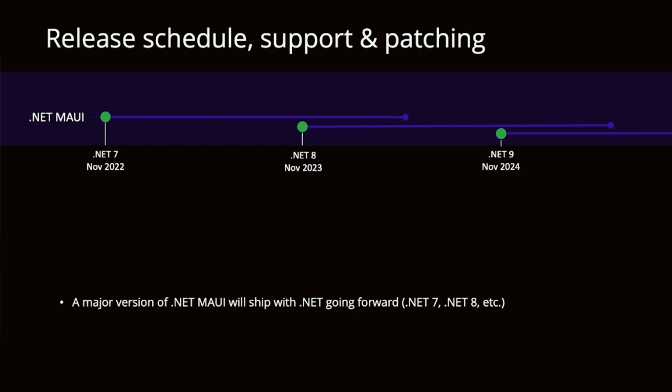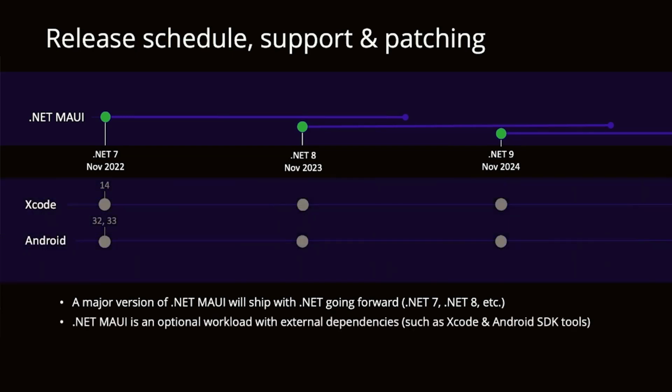The reason that we don't do a long-term service release for the MAUI SDK itself is because of our external dependencies on Xcode and on Android. They ship on their own cadences with their own tool sets, and so we need to be able to be reactive to that and respond quickly. So the runtime and the base class libraries, those will get long-term service releases every other release, but MAUI itself is every 18 months.